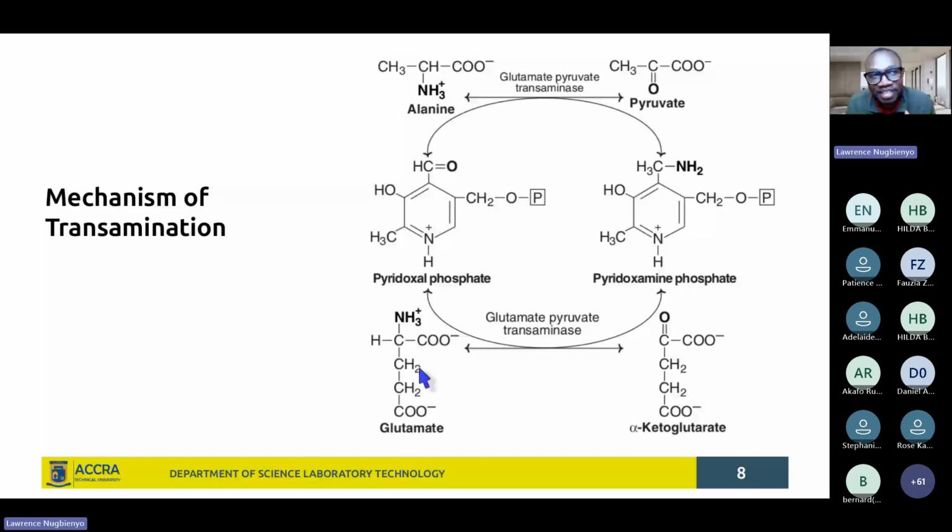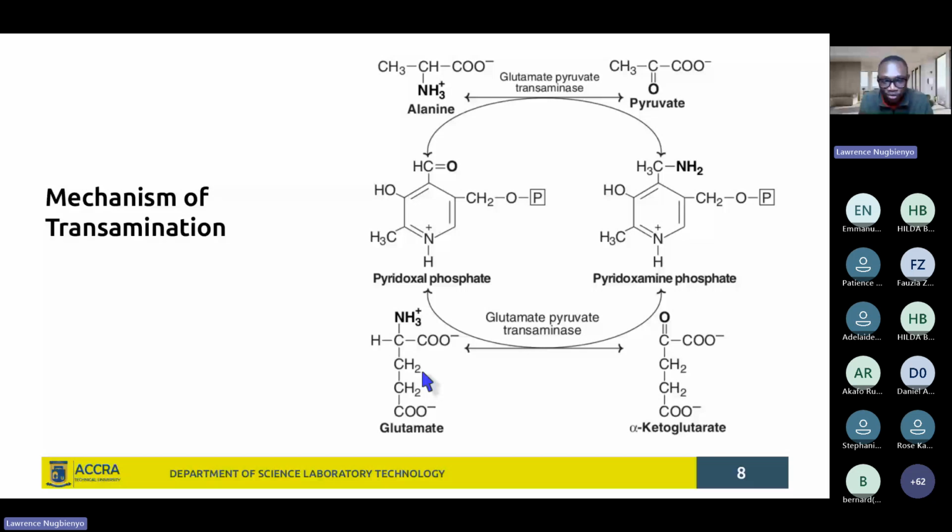Now, in other words, you can look at it like this, that glutamic acid is playing a very important role in the metabolism of amino acids or proteins, such that it is glutamic acid that's like a gateway of deamination, removal of amine groups. Because all the time you are seeing that the amine group from an amino acid is transferred onto a carbohydrate, which is also playing an important role there.